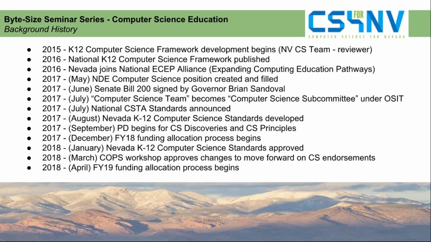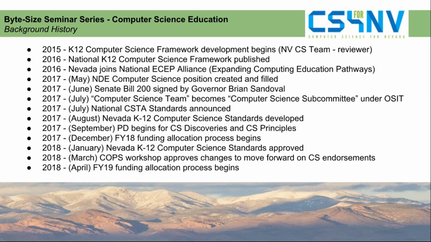All right, so a little bit of background history. Back in 2015, some folks from throughout the nation got together to write the K-12 computer science framework. Nevada actually had a team who was part of this process, which is really nice to hear, because we have been at the beginning of this movement that many states are working on now.